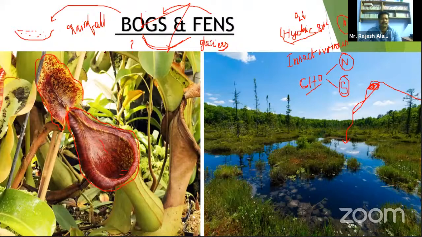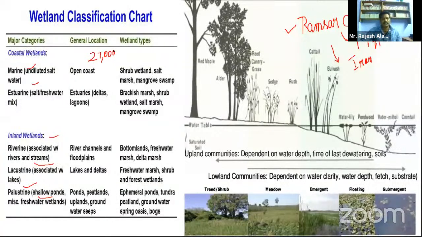In this, we have more inland wetlands, and coastal wetlands are very few in number. Of these 27,000, more than 23,000 are inland wetlands present in the terrestrial land itself, whereas nearly 4,000, about 3,900, are coastal wetlands.